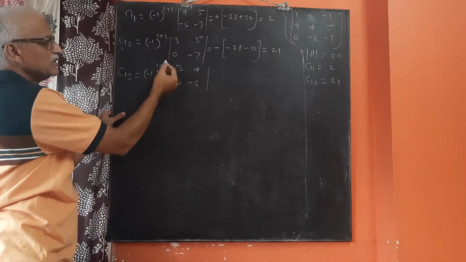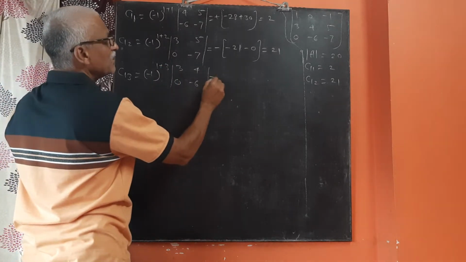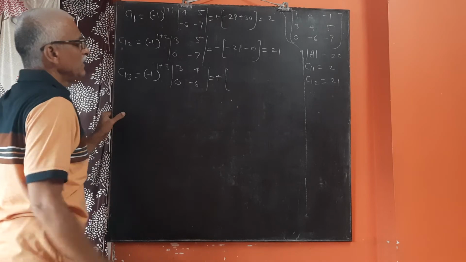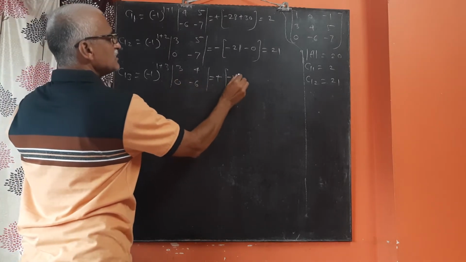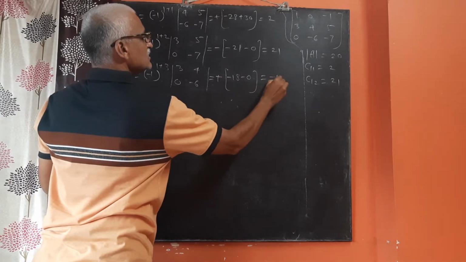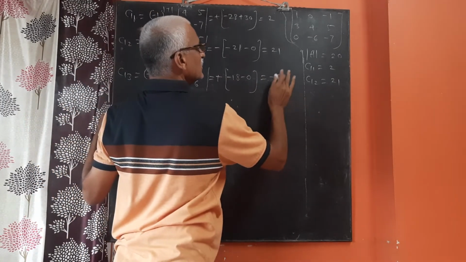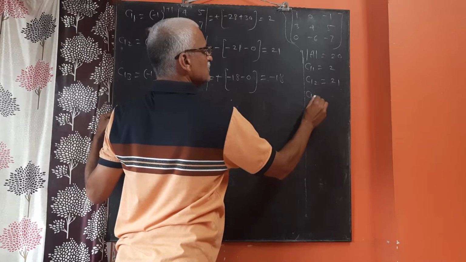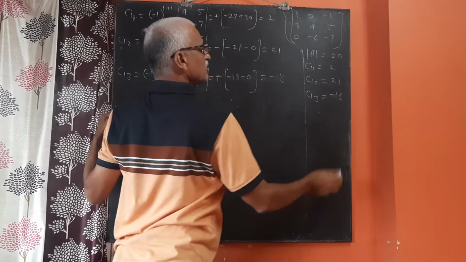Minus 1 raised to 1 plus 3 means 4, so the sign is positive. Positive of 3 into minus 6 is minus 18, 4 into 0 is 0. So that is equal to minus 18. So the value of C13 is equal to minus 18.